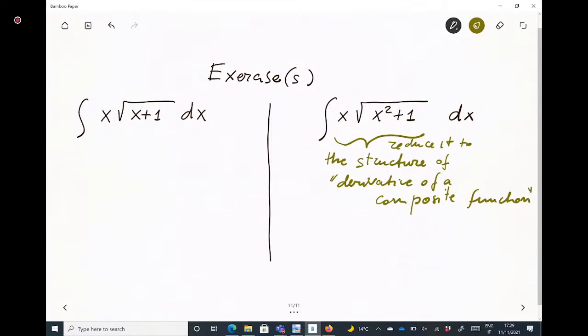And here, which is slightly more difficult, but relatively easy, you cannot do that, and you can integrate this by parts. This is very similar to the exercises we solved already here today. This is a little more difficult. But of course, you can check the results at the end, so you can just compute the derivative of your result and obtain again the integral, okay? So I invite you to solve these two exercises.